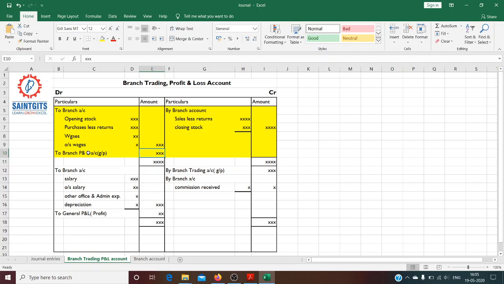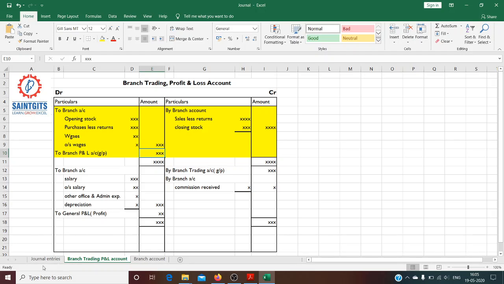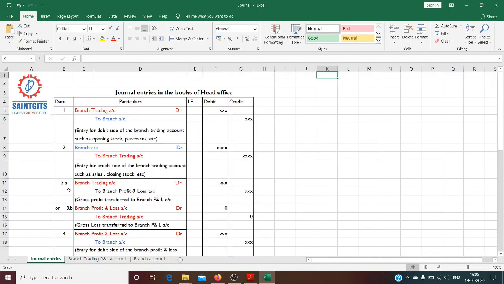You can see the journal entry. Third entry, branch trading account debtor to branch P&L. Now, in the journal entry, you can see 3A and 3B. If it is a loss, the entry will be reversed. Then the entry will be branch profit and loss account debtor to branch trading account.